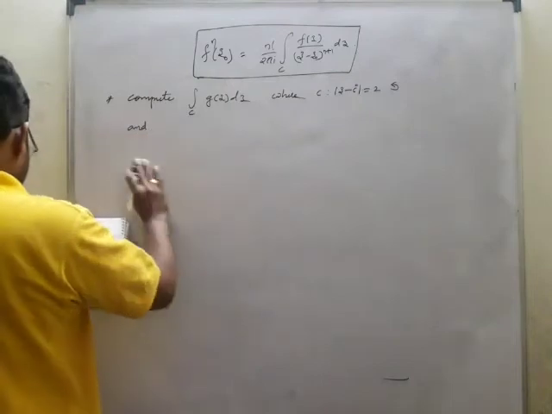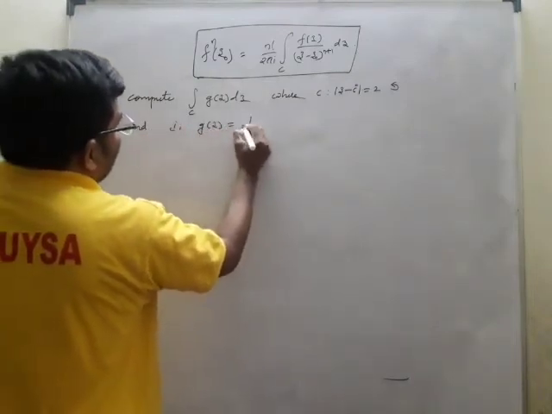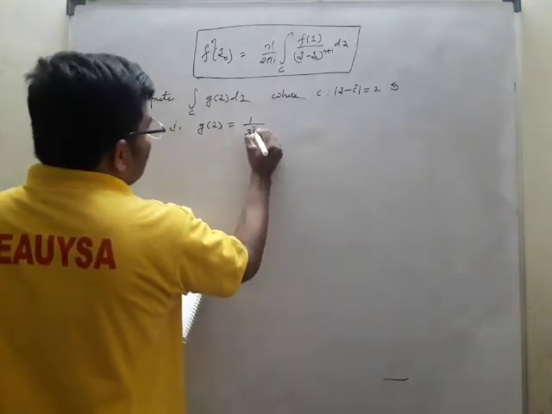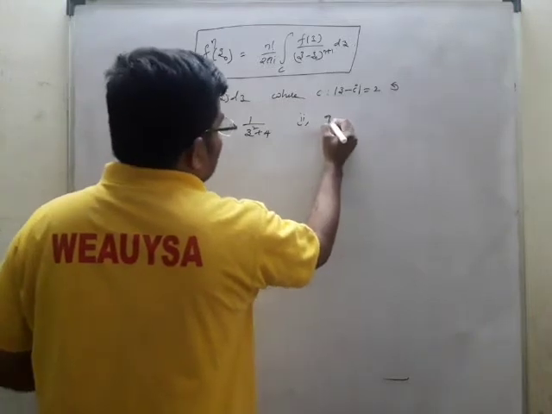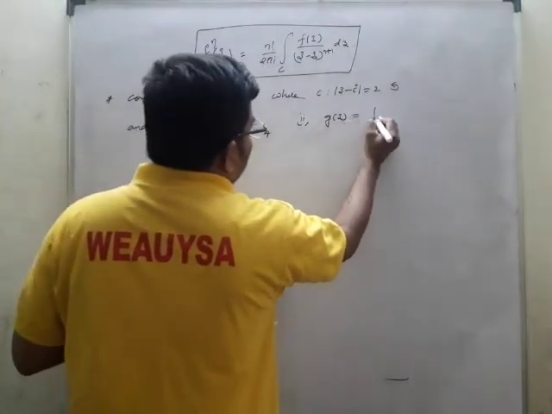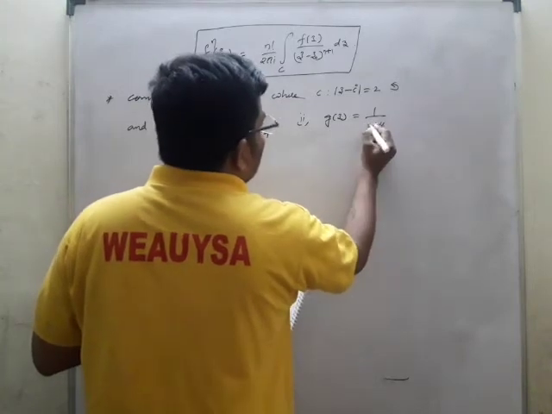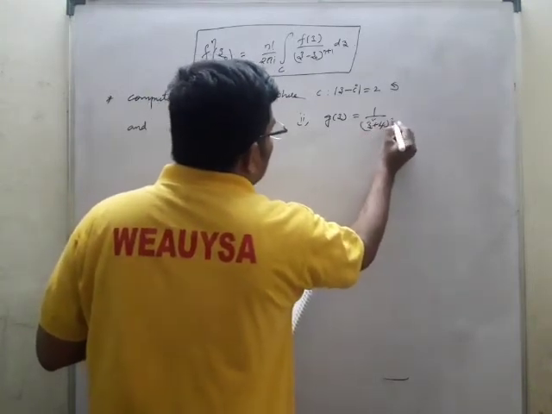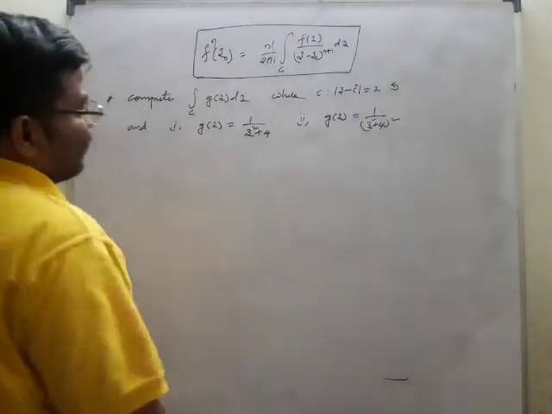In the first problem g of z is equal to 1 by z square plus 4. Second problem g of z is equal to 1 by z square plus 4 whole square. Okay, so this is the problem which is given.